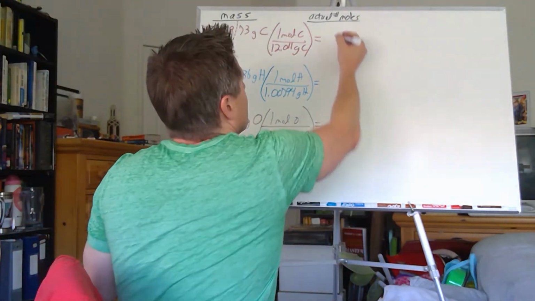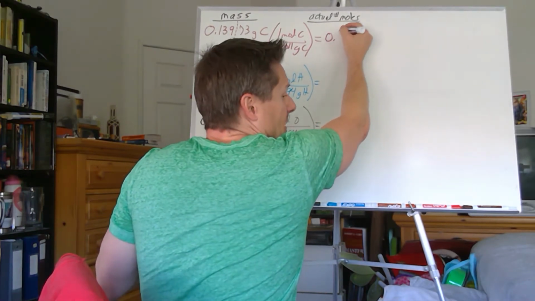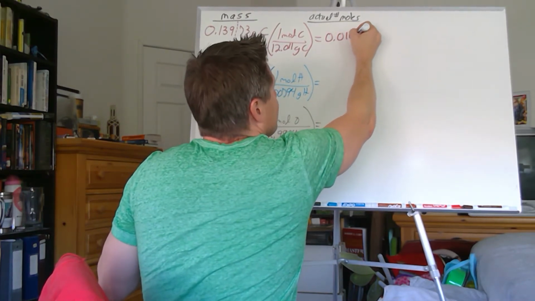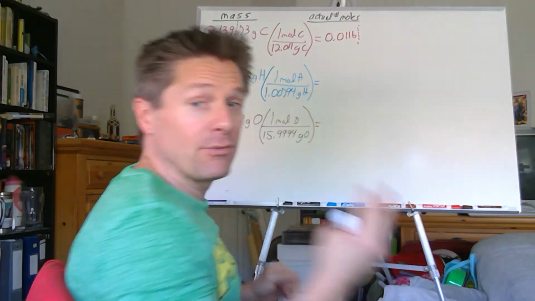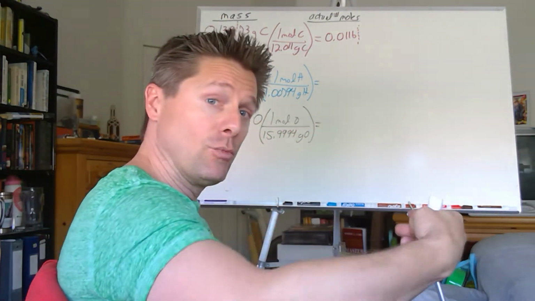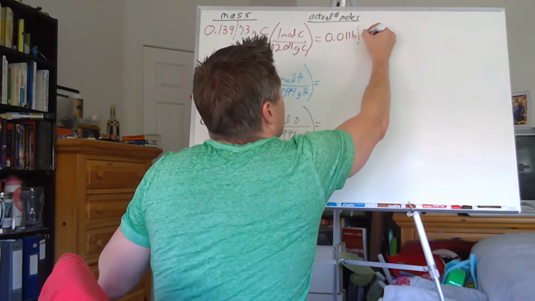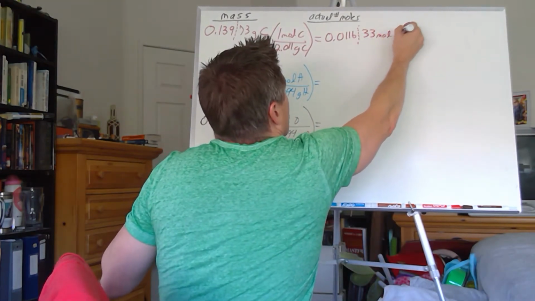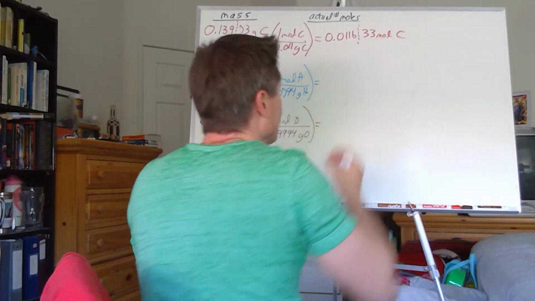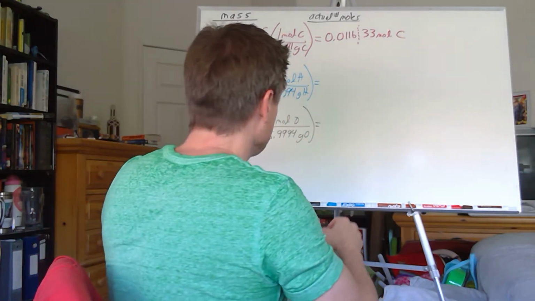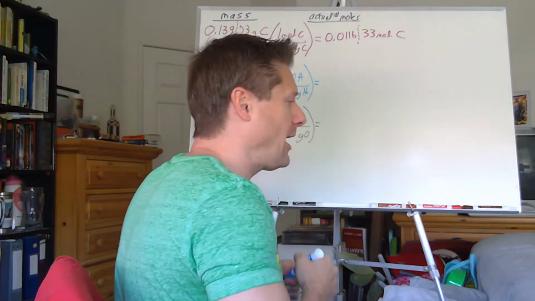So for carbon, I get, to 3 sig figs, 0.0116. Here's my 3 sig figs; pop the vertical dashed line. Give me 2 or more past that. I just do 2. 3 moles of carbon. So that's the actual number of moles. Let's get some blue here for the hydrogen.